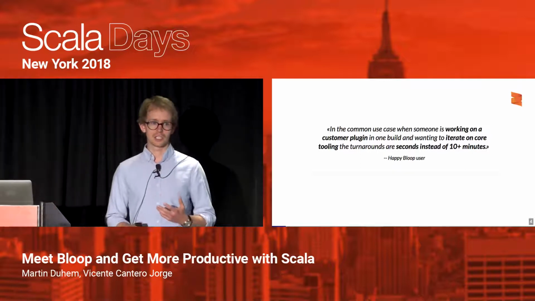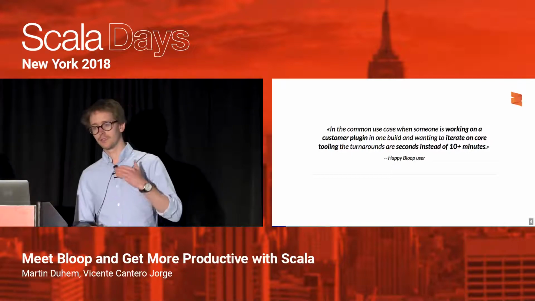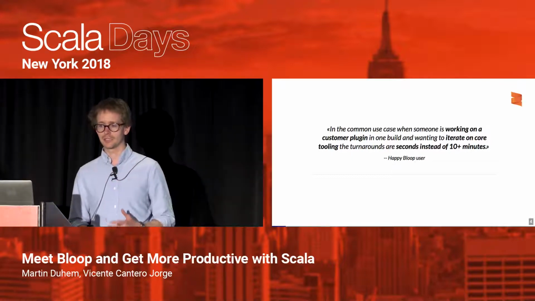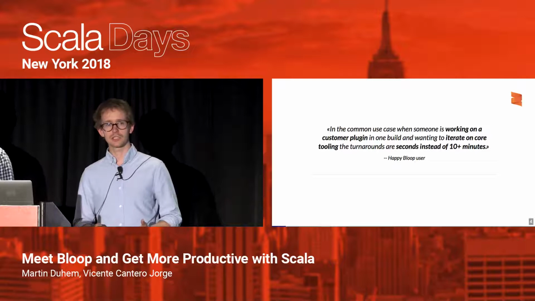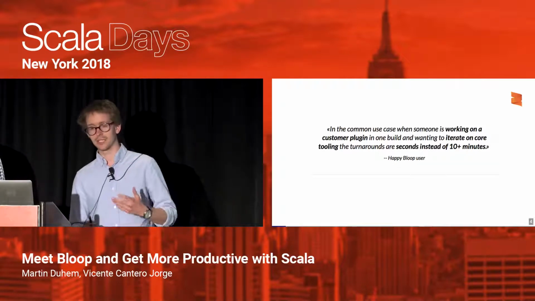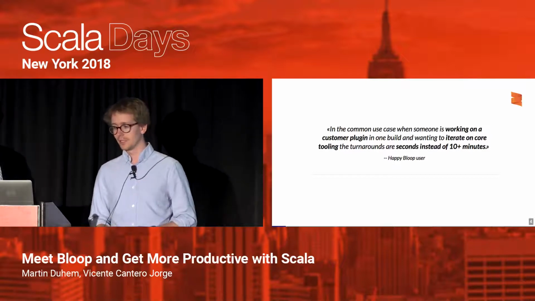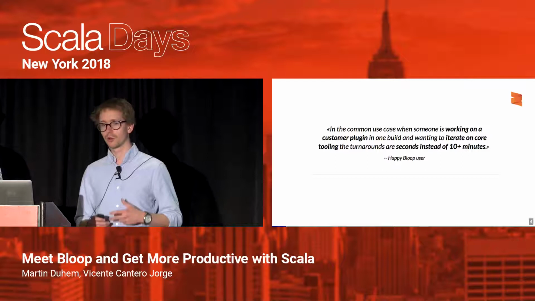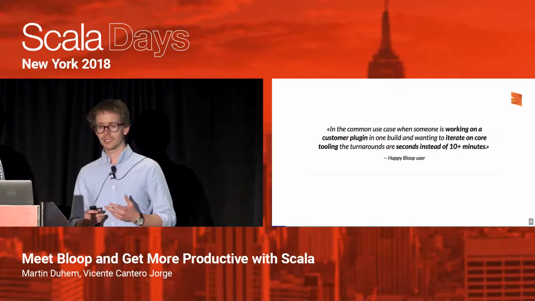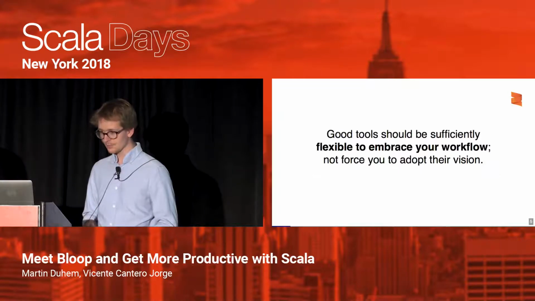And whenever they make a change at the root of the project, they have to republish all the different layers of libraries that they have, and it takes them tens of minutes to see the changes that they've done at the bottom of the project at the top. So they've been using Bloop and developing more tooling on top of Bloop so that they could reach seconds of turnaround instead of tens of minutes.